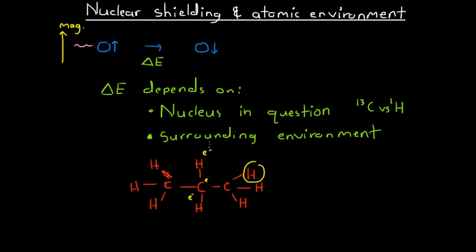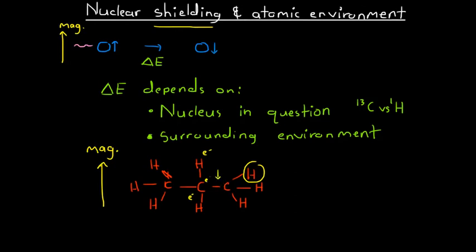You could say that the magnetic field from these electrons is sheltering or shielding this hydrogen atom from the external magnetic environment. For example, we might have an electron on this carbon atom that is forcing it back the other way.